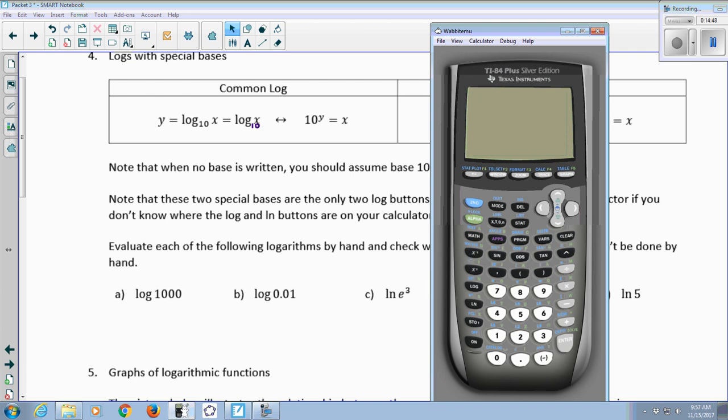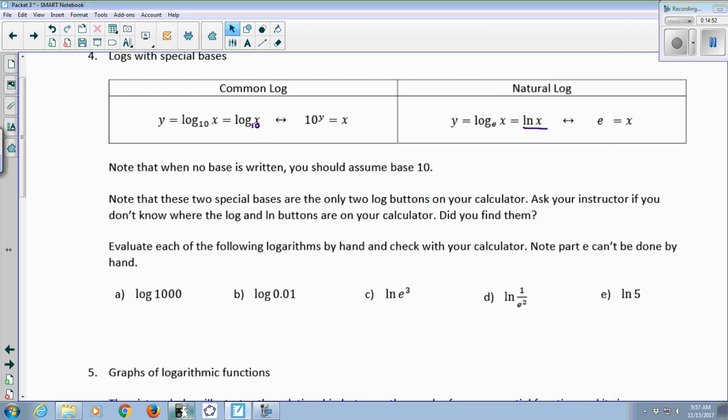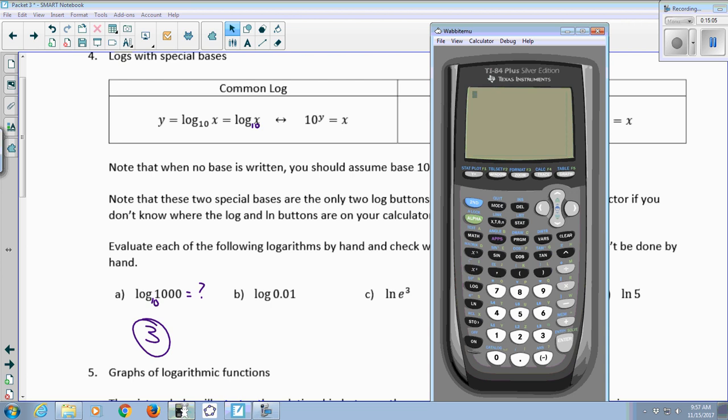So we can practice doing some of these by hand and we can check with the calculator. So log of 1,000, right? A little hidden base 10 equals what? 10 to what power gives you 1,000? The third power. So let's just verify on the calculator that it also thinks that the log of 1,000 is 3. It does. Okay, good.